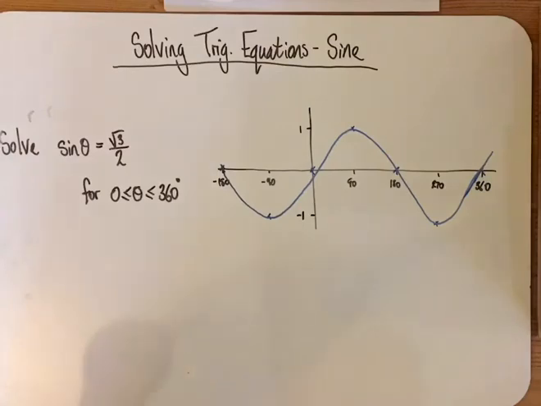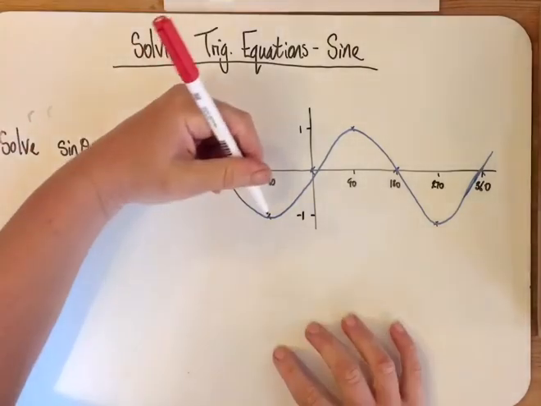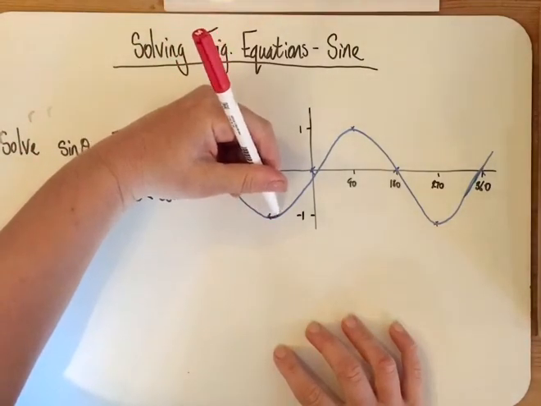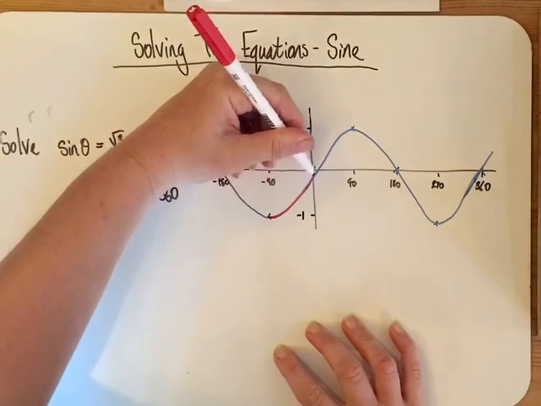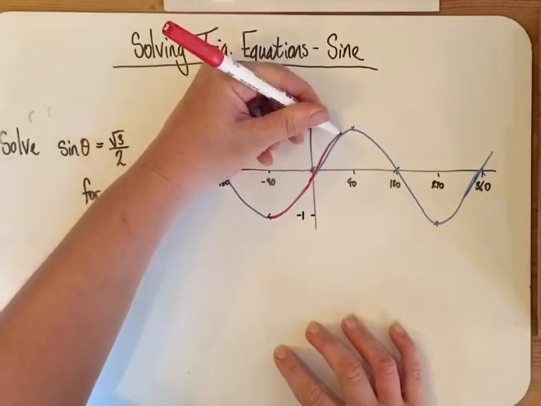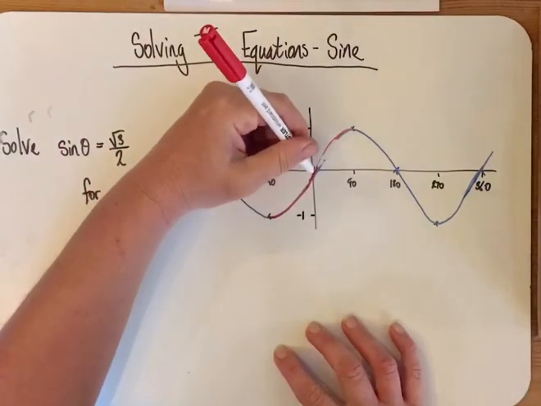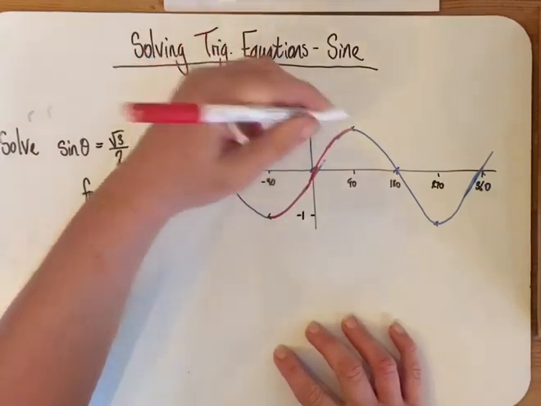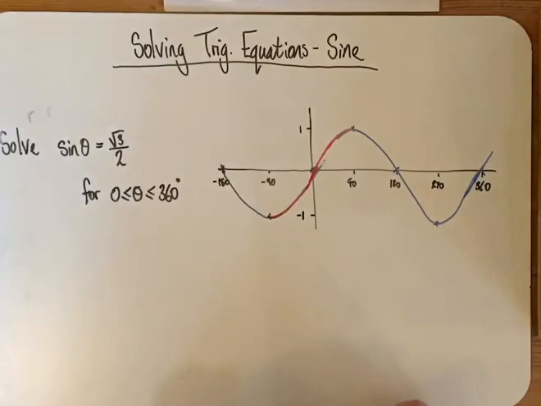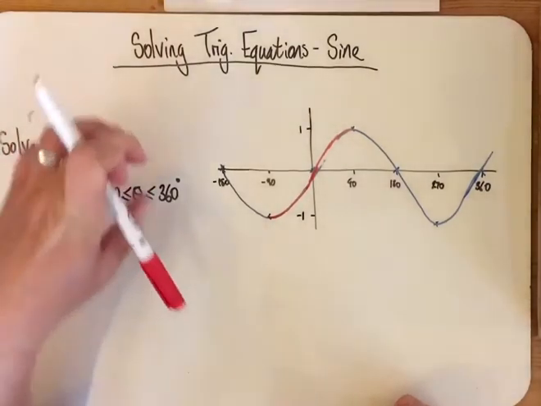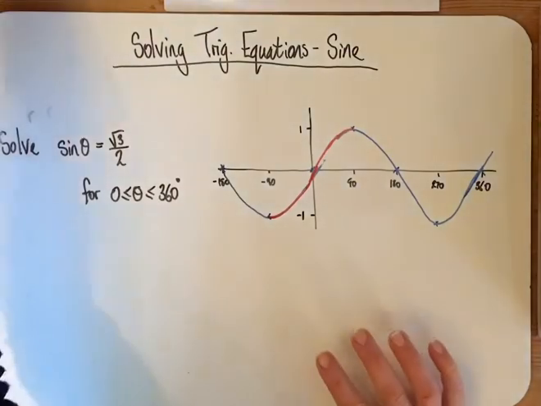The principal values for sine are different to what they are for cos. So your principal values for sine are here between minus 90 and 90 degrees. That's the value your calculator will give you when you do shift sine of your number between minus 1 and 1.